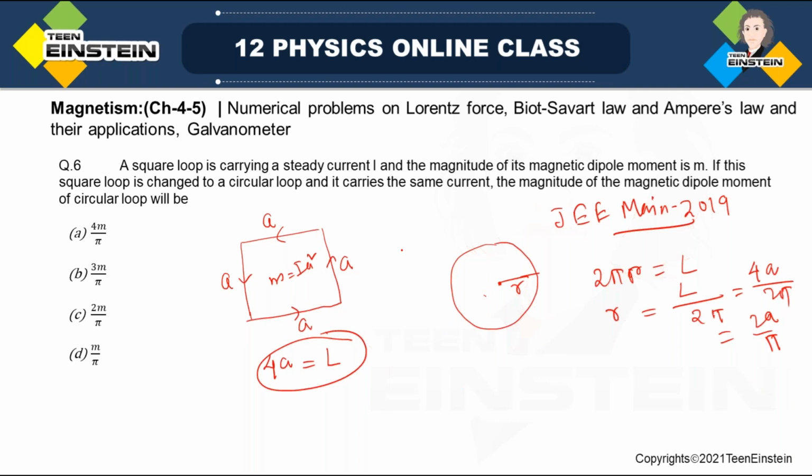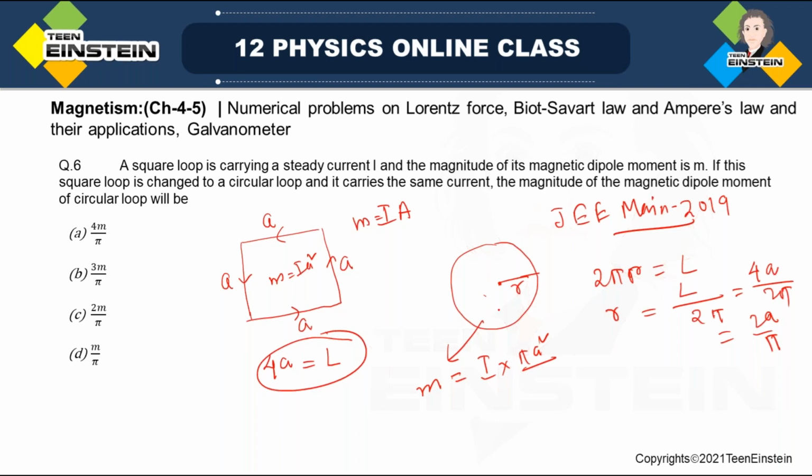Now see, the magnetic moment means what? Current into area. That is magnetic moment. So here, suppose the magnetic moment is M2. So in this case, we'll do I into pi r square.